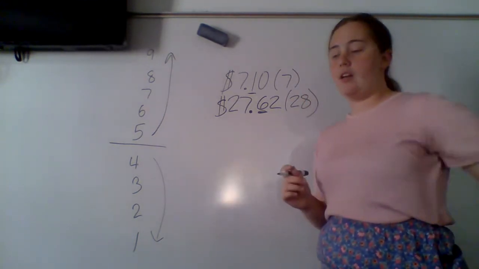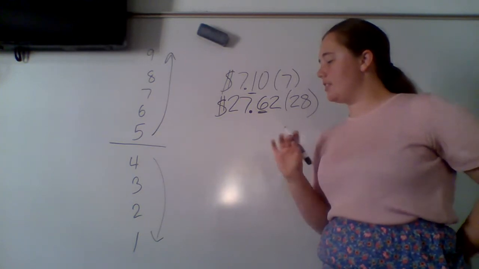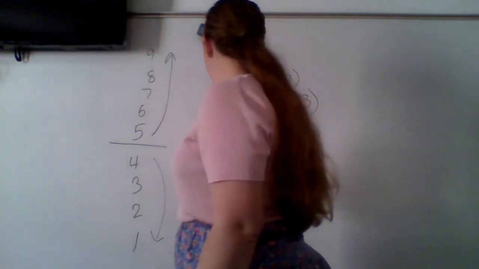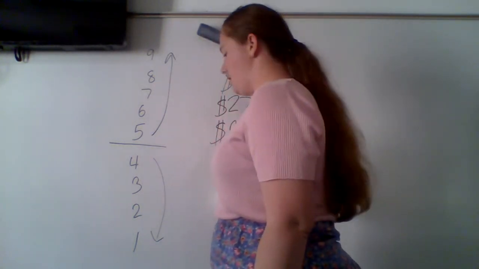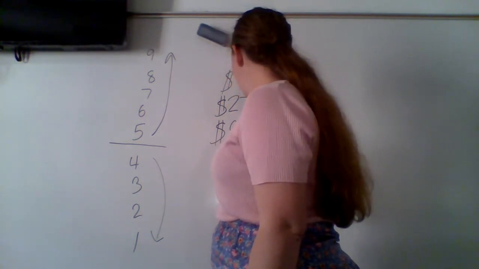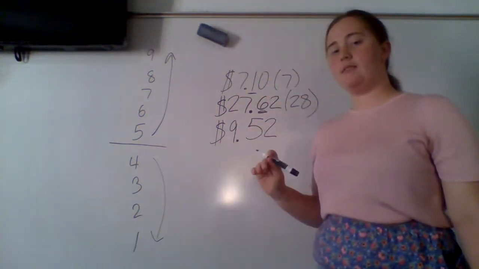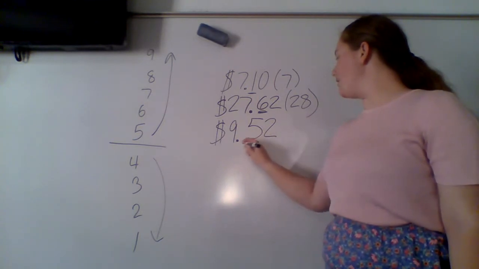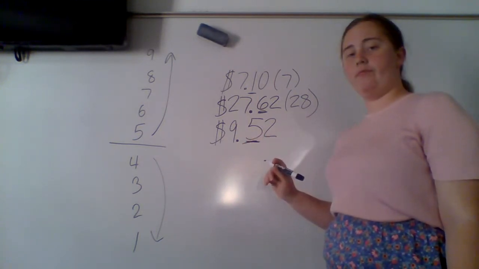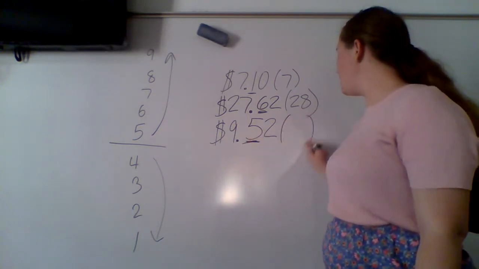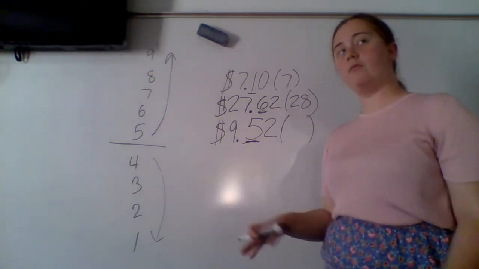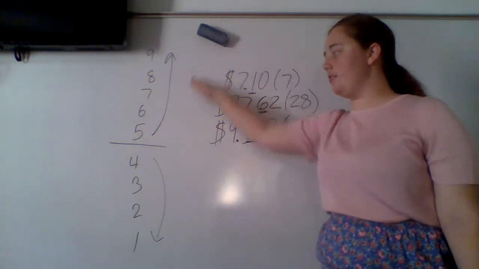And we have letter C, $9.52. We have this 5 right here. Is it going to get rounded up to 10, or is it going to stay down at 9? Well, look right here.